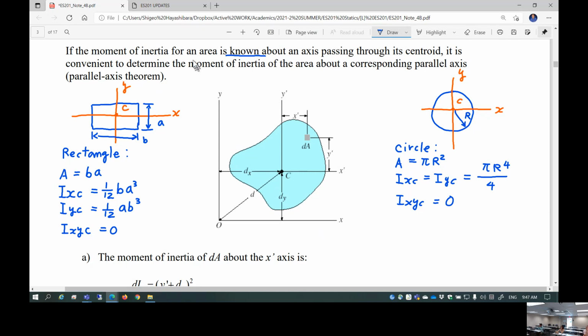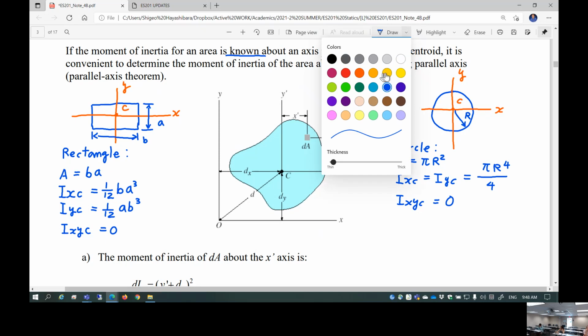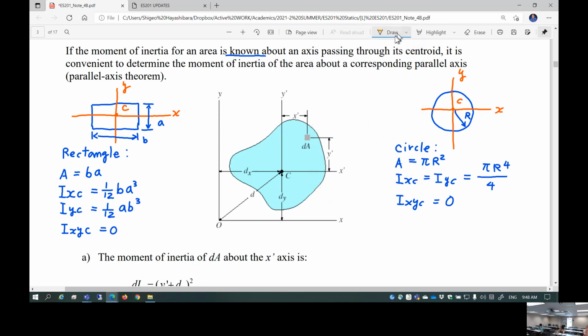So if the moment of inertia for an area is known about an axis passing through its centroid, it is convenient to determine the moment of inertia of the area about the corresponding parallel axis using the parallel axis theorem. Here we go. It's probably the most important term for this unit, the parallel axis theorem.